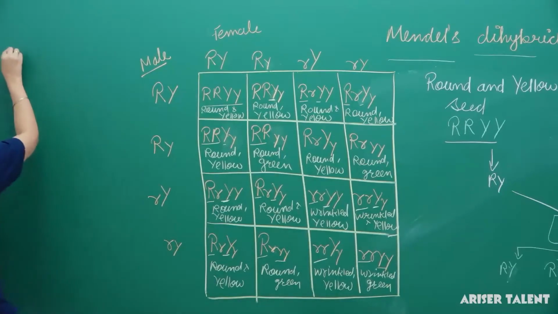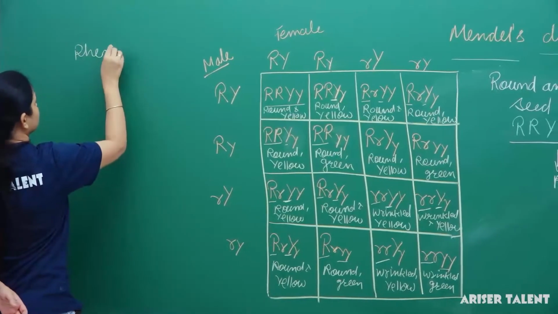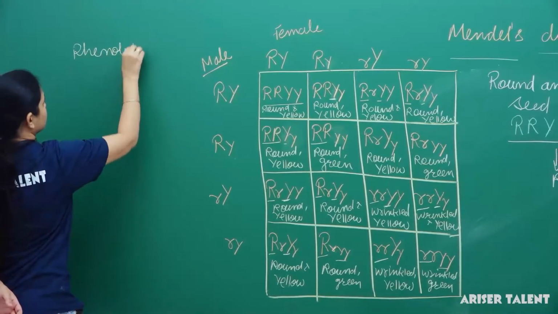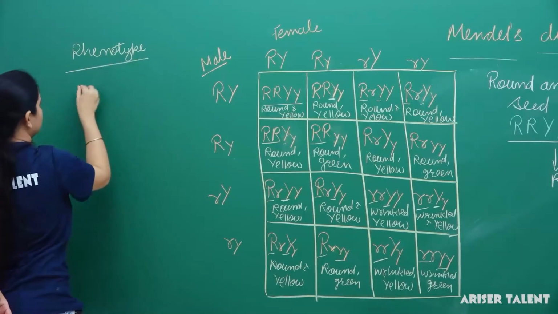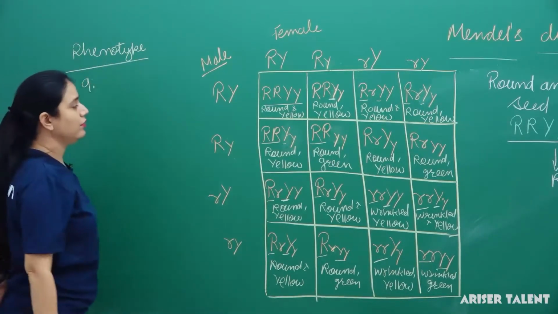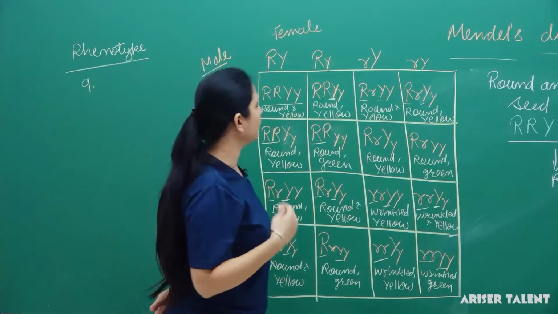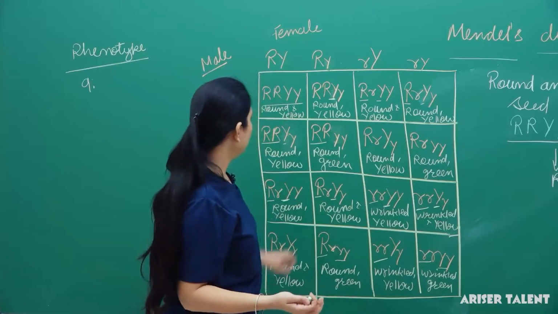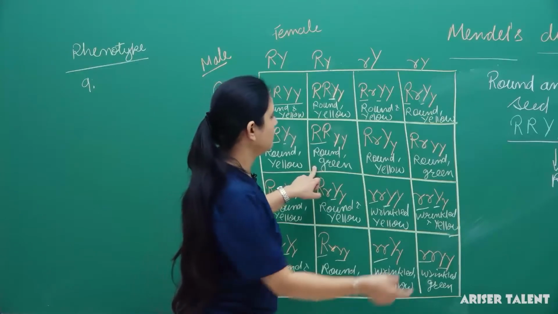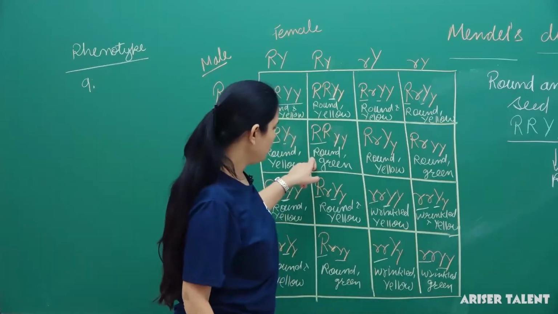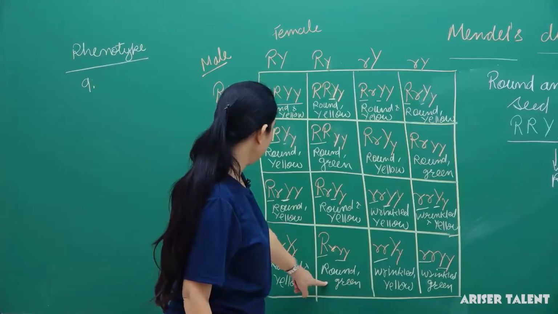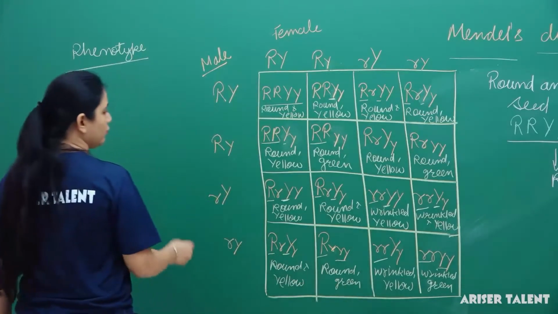Phenotype means appearance. Then how many are round and green? 1, 2, 3. Round and green are 3.